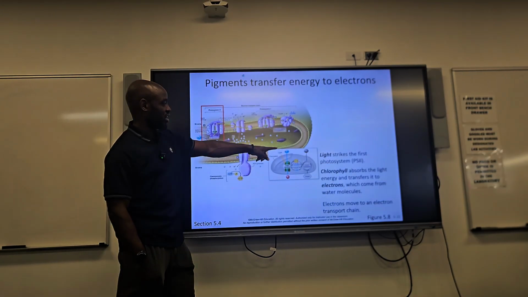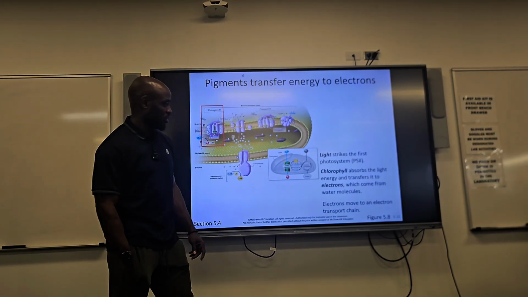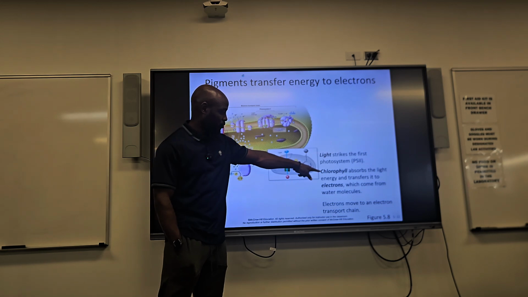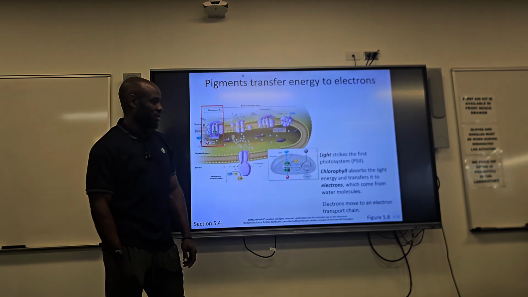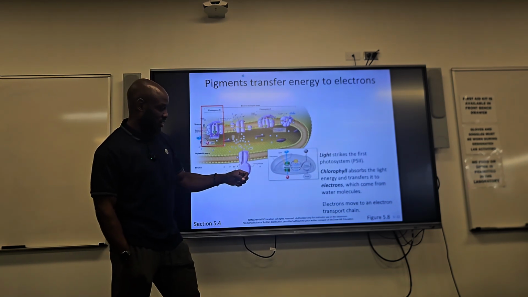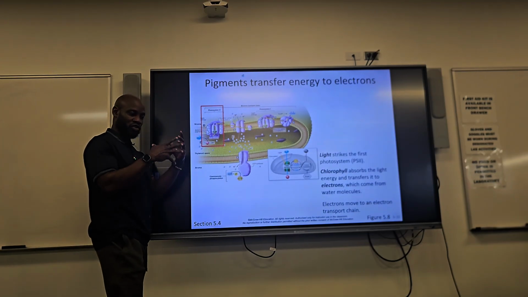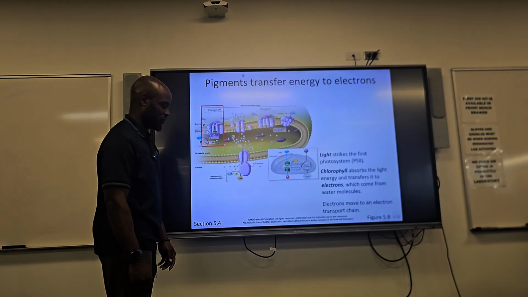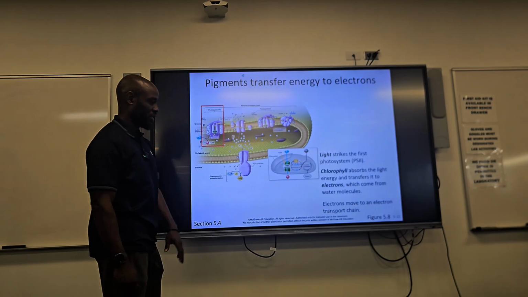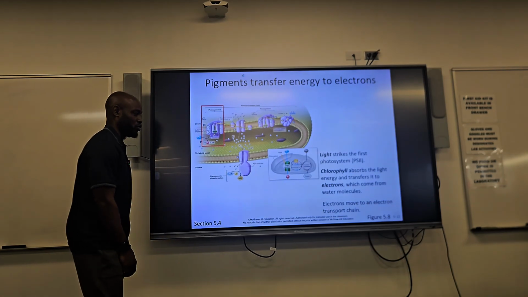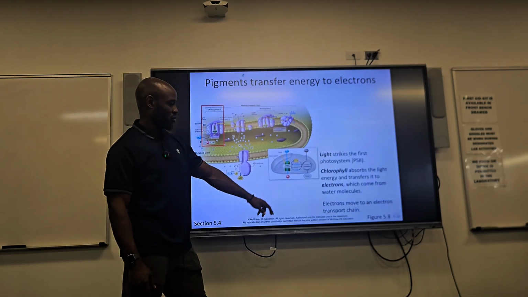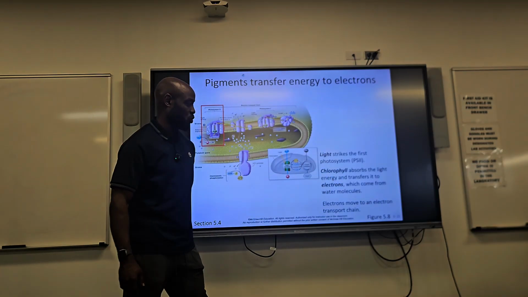You'll see light strikes the first photosystem. Chlorophyll absorbs the light, that energy, and transfers it to electrons. Remember, electrons are floating on the outsides of different atoms and molecules. So it's transferring it to electrons, which come from the water molecules.